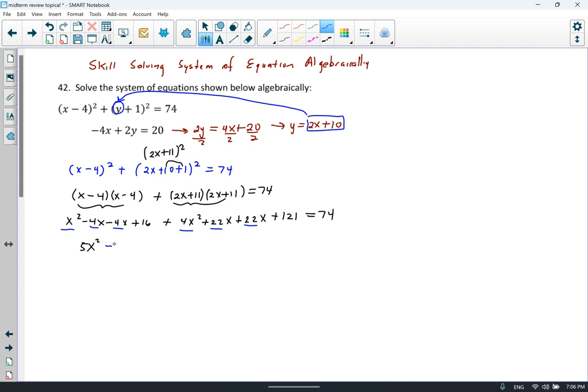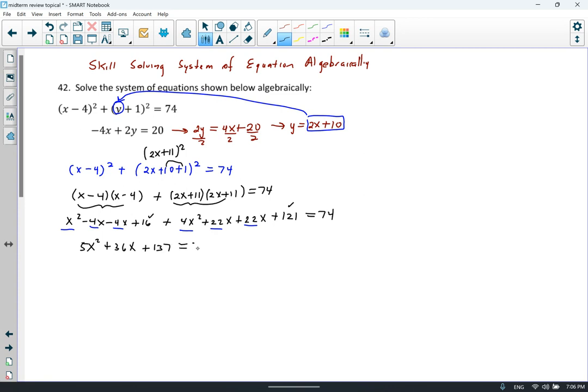That's positive 36. Actually, let me just make sure it's in the same colored ink. And now I'm going to combine the 16 and the 121 to get the 137.